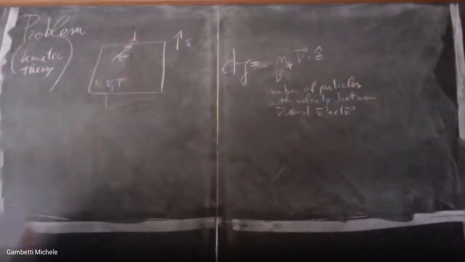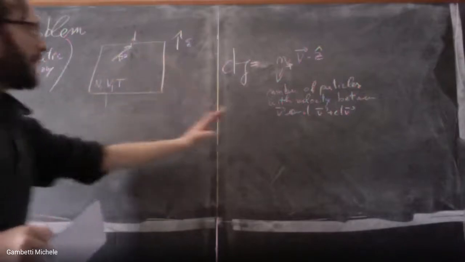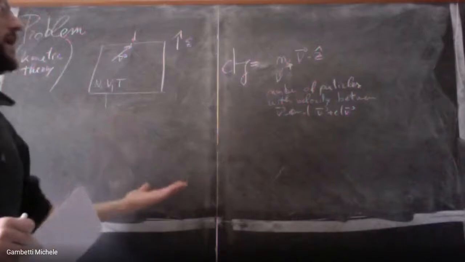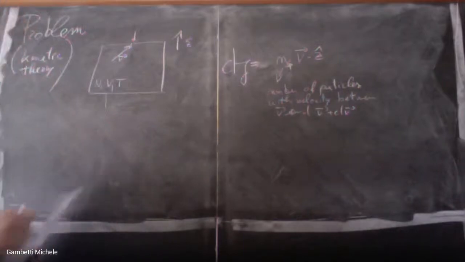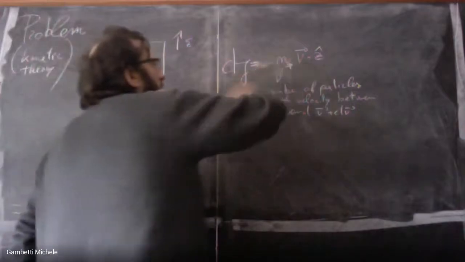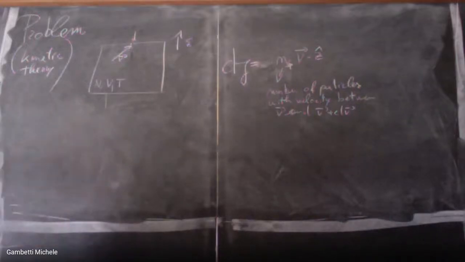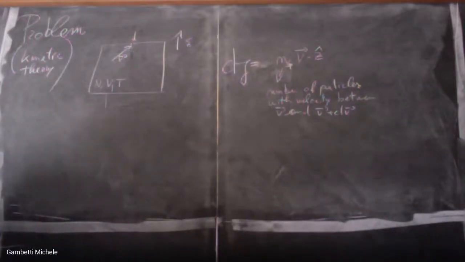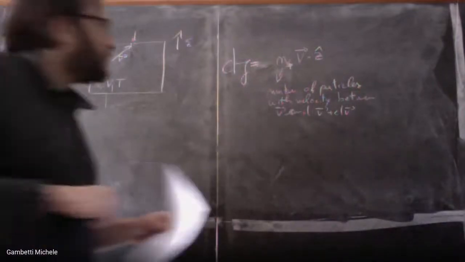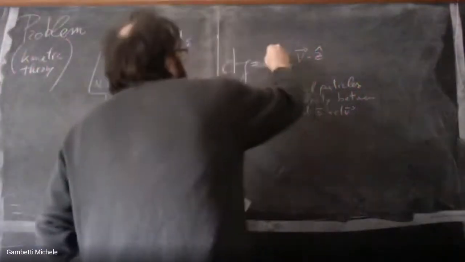And then I just need to multiply this component of the velocity by a density of particles, which will depend not only on the density of particles in the volume, but also on the velocity. So in this respect, maybe it's better to write this as dn.